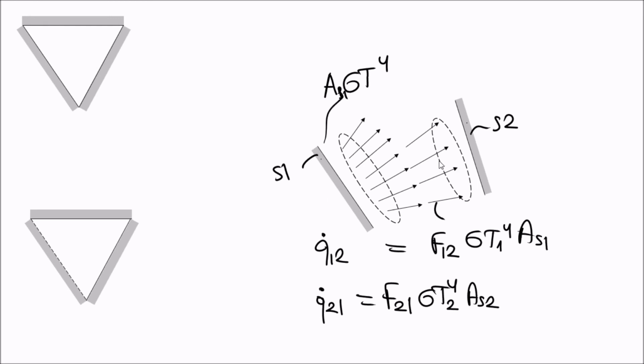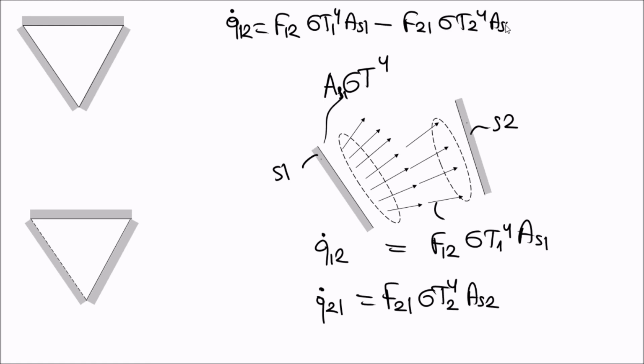These give the net heat exchange between 1 and 2, which is the difference: F1 to 2 sigma T1 to the power of 4 AS1 minus F2 to 1 sigma T2 to the power of 4 AS2.